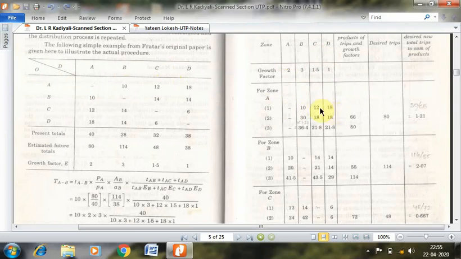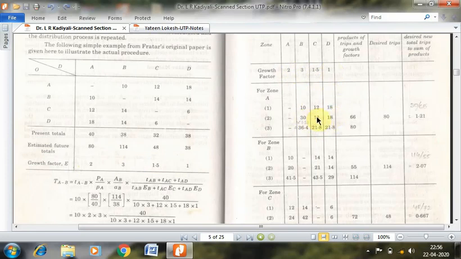Now the second row here will be obtained by multiplying the first row elements with the corresponding growth factors which we have found in the previous table. So 10 multiplied by 3 is 30, 12 multiplied by 1.5 is 18, and then 18 multiplied by 1 is 18.